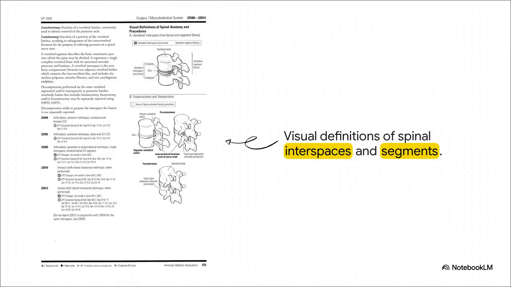Rule number 2 is all about anatomy. The CPT guidelines clearly define a segment as the actual solid bone itself, the vertebral body. The interspace is the non-bony disc compartment sandwiched right in between them. When a surgeon fuses the spine, they're generally prepping that inner space to lock the two segments together.